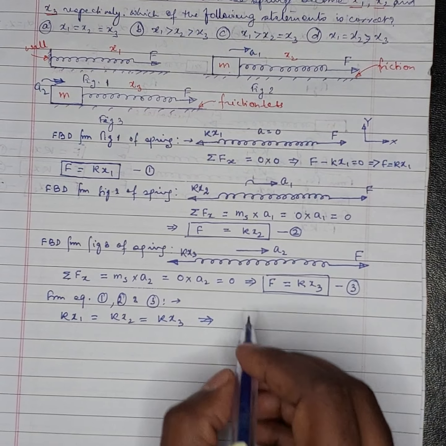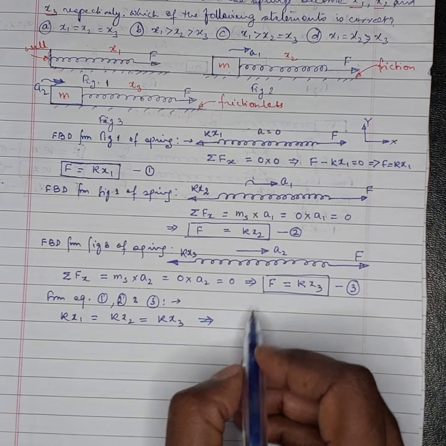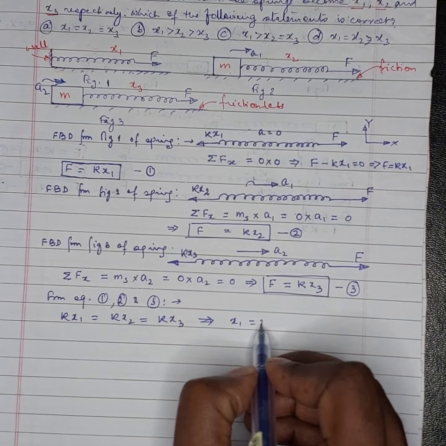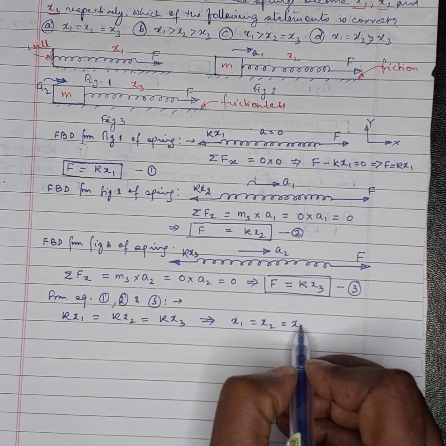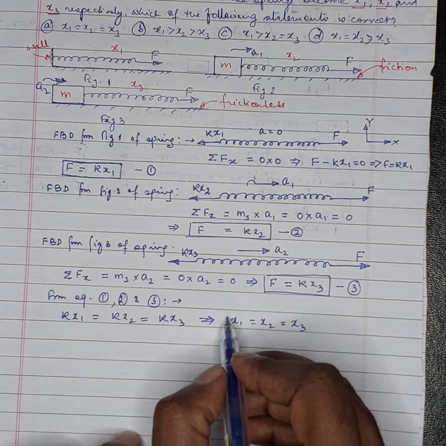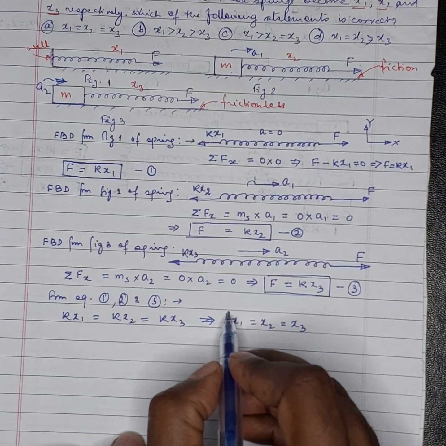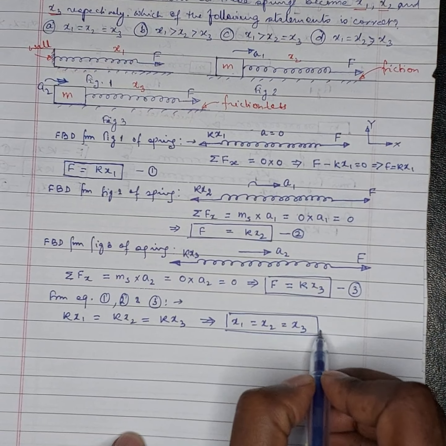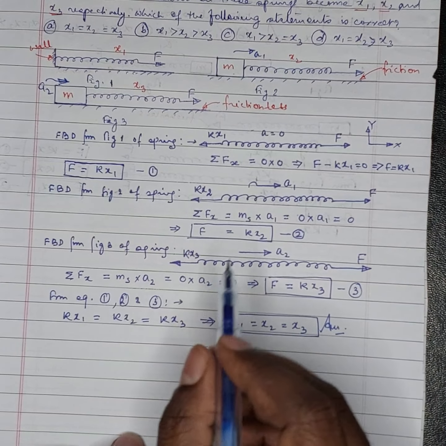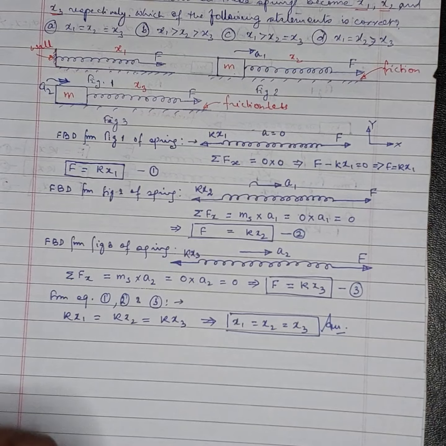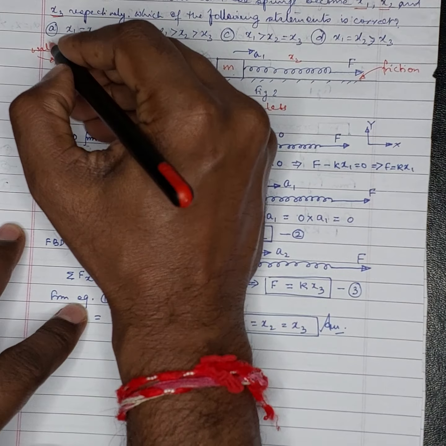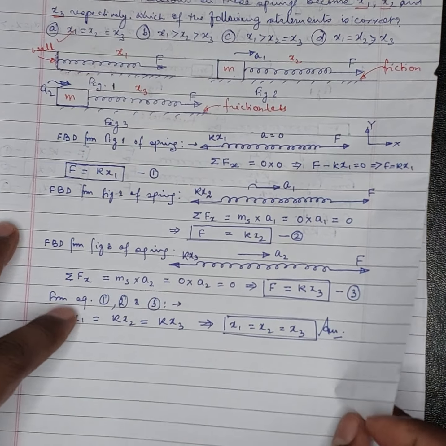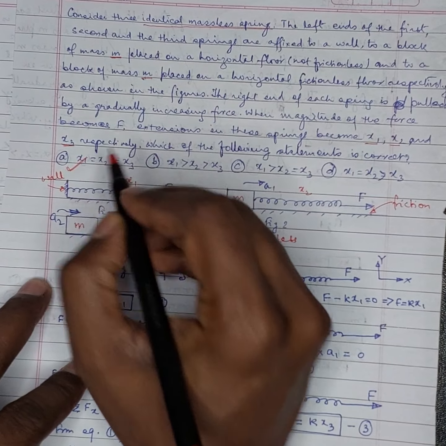Therefore k is common, a constant. So this will be x1 is equal to x2 is equal to x3. So this should be your answer. So option A is correct.